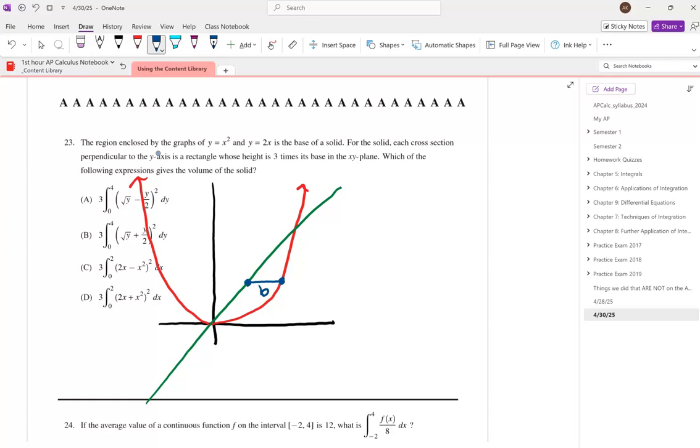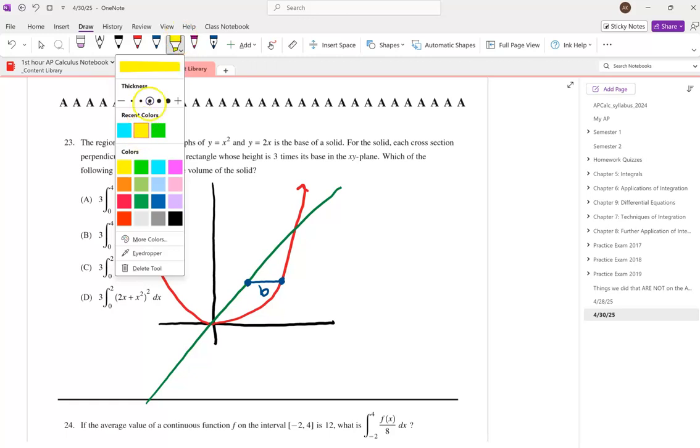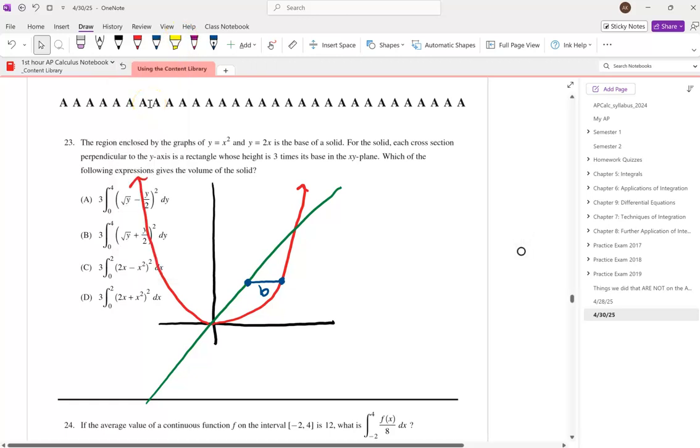The first thing I'm going to do when I look at this problem is look at my choices and try to make this a 50-50 problem as soon as I can. Sound good to you guys? The way I'm going to do that is use the bounds for my integral to figure out which ones I can eliminate right away. If my cross sections are perpendicular to the y-axis, I'm going to be going from 0 to b, where b is the y coordinate at that intersection.